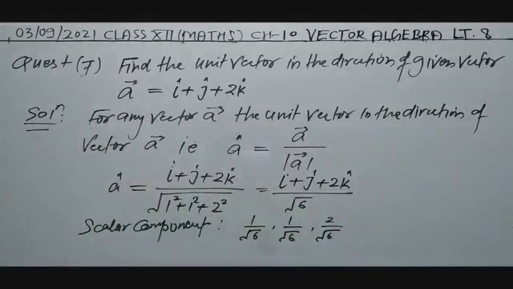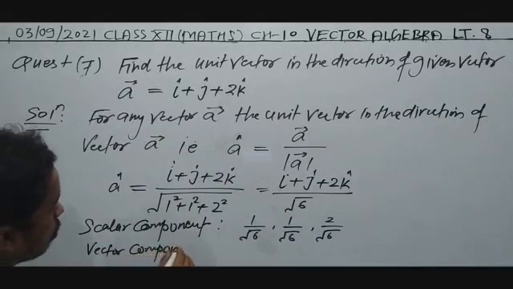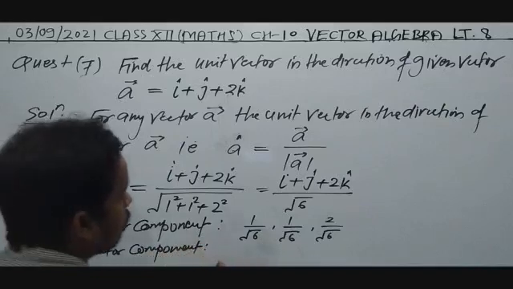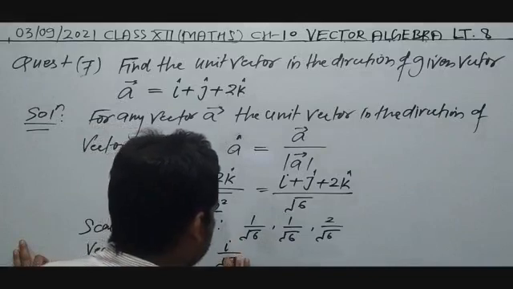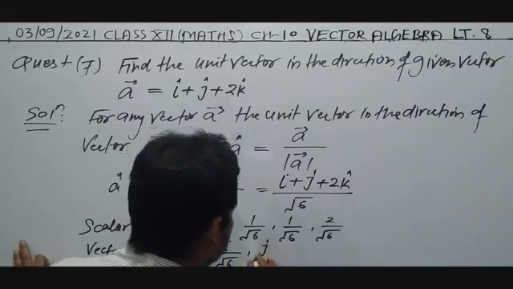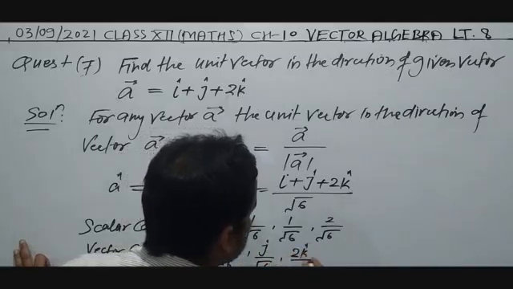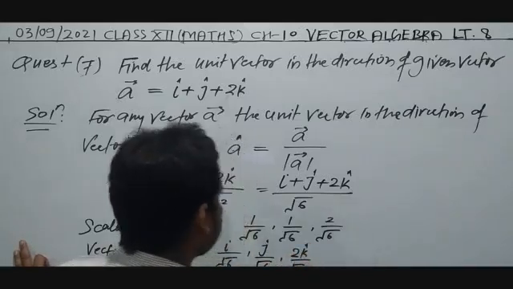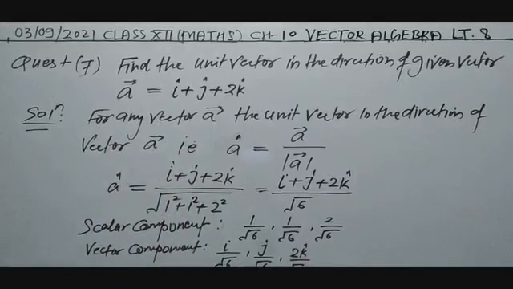This is the scalar components. Now vector components will be i by root 6 comma j by root 6 comma 2 times k by root 6. This is the vector component.